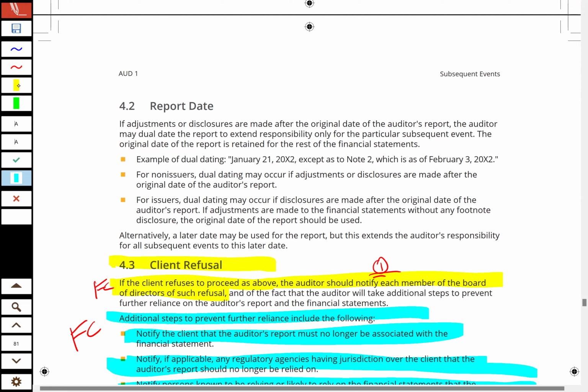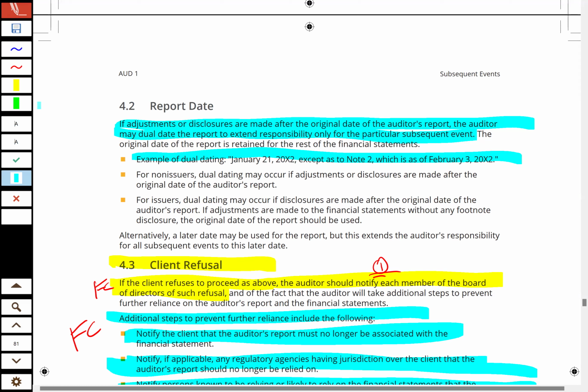So if adjustments or disclosure are made after the original date of the report, the auditor may dual date the report to extend responsibility only for that one subsequent event. An example would be saying, for the rest of the financial statements, the date of the report is January 21st, but for note 2 that talks about the plant blowing up, the date is February 3rd.